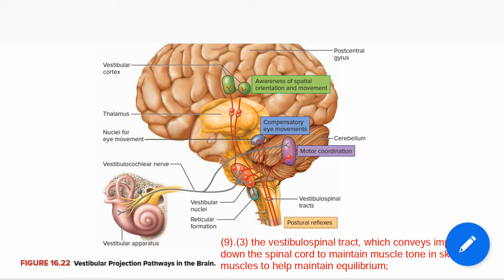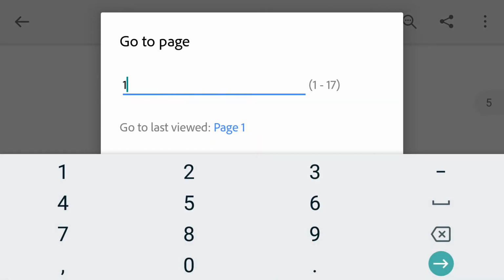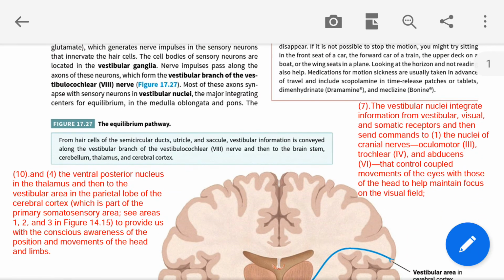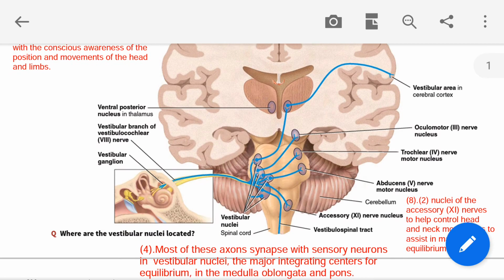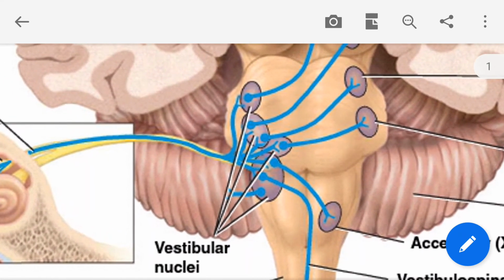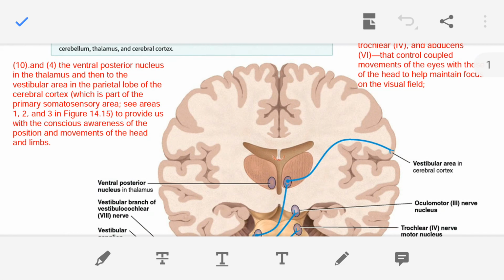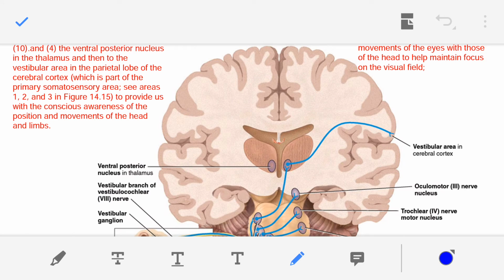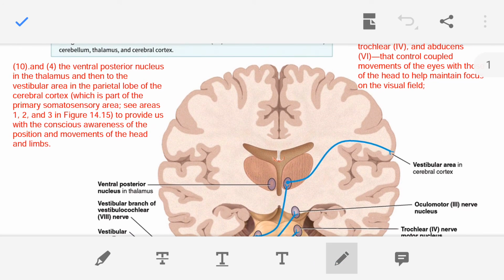So let me show you this entire figure. Once the impulses regarding equilibrium are interpreted in the vestibular nuclei, the vestibular nuclei send nerve impulses to the ventral posterior nucleus, which is present in the thalamus.